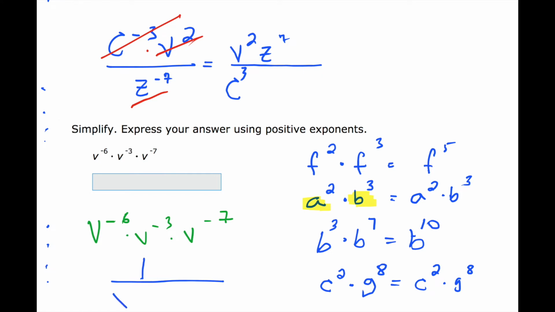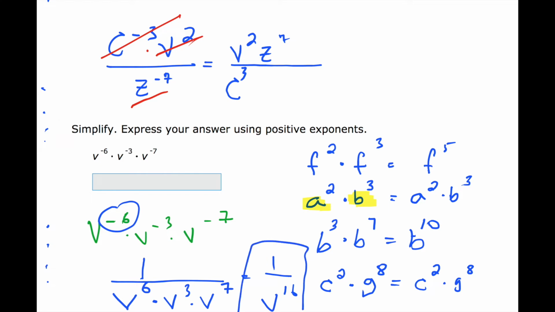V to the 6 times V to the what? Times V to the what? Now you add them. It becomes 1 over V to the 16th. You got it? Alright, try the next one.